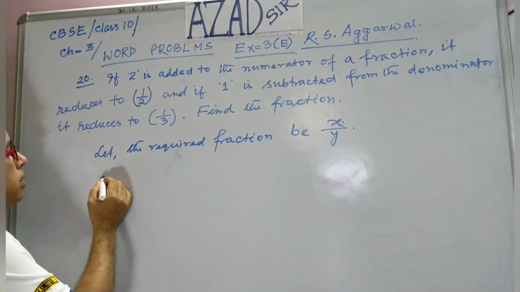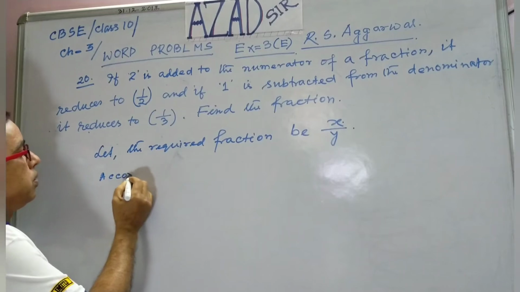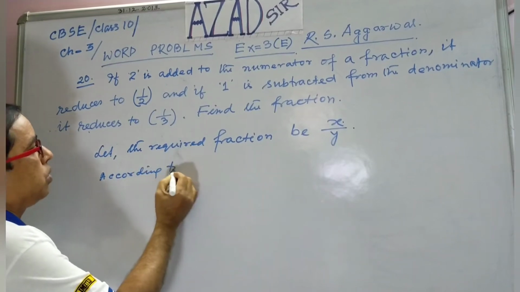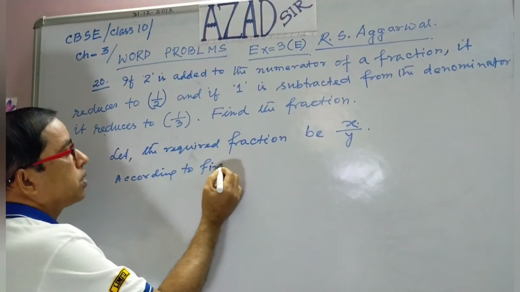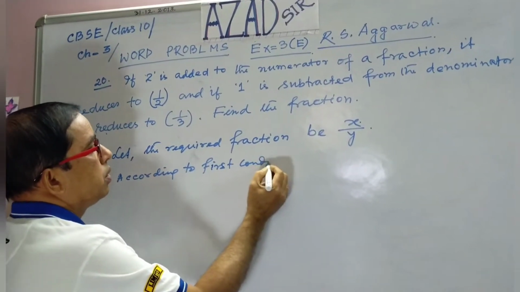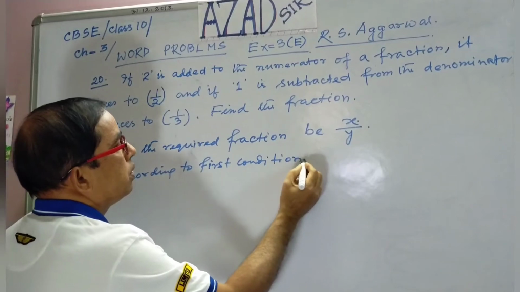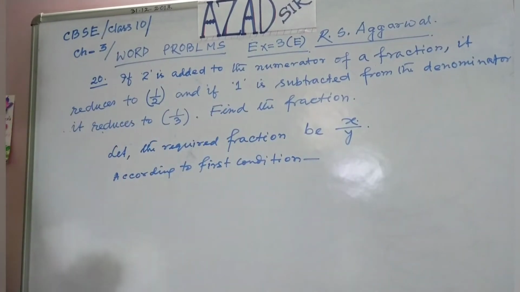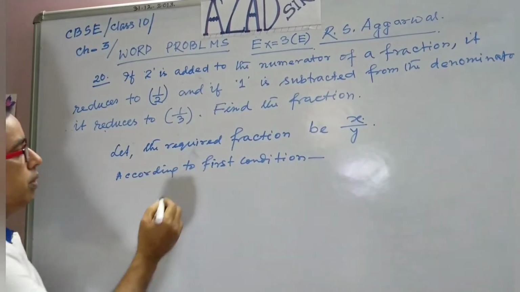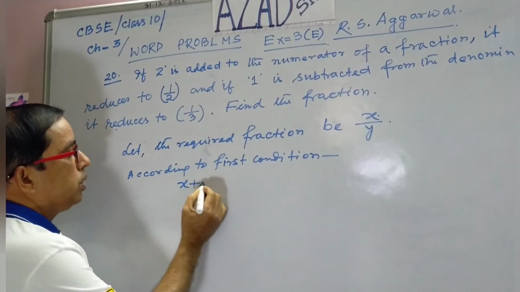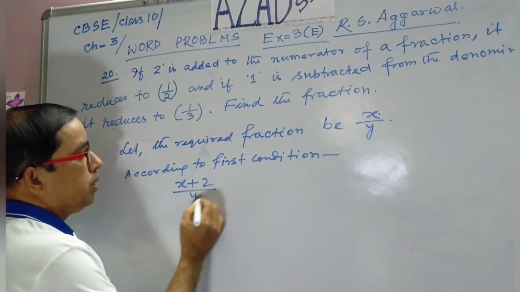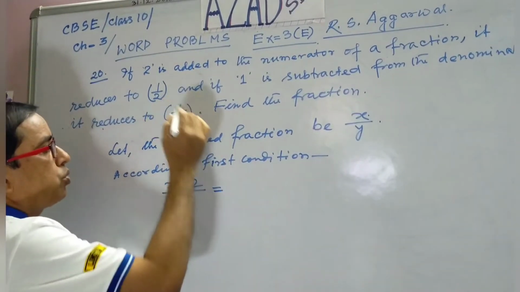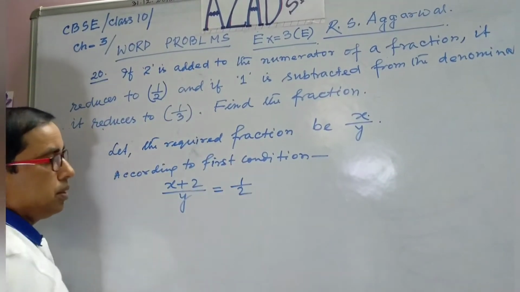So you have to write, according to first condition, since two conditions are given, after giving dash, 2 is added to the numerator. I am adding 2 with the numerator, nothing in the denominator, so only y is here. The fraction reduces to half. This is the first condition.